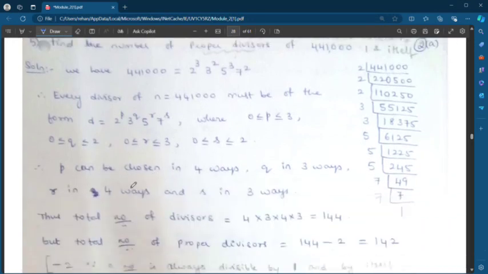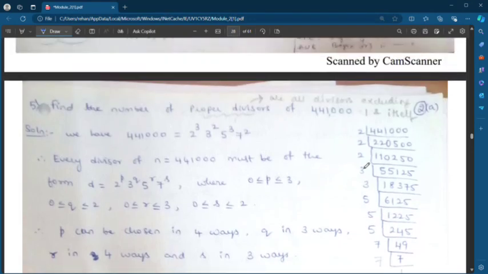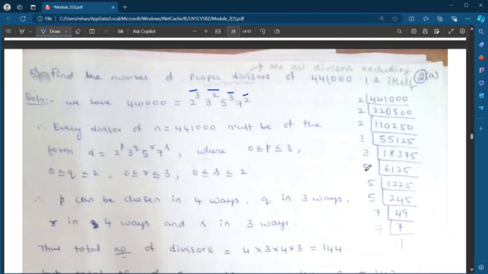P can be chosen in 4 ways. Q can be chosen in 3 ways. So see here, they have multiplied, right? How we got these numbers is nothing but they have counted the powers. 2 has come 3 times, 3 has come 2 times, 5 has come 3 times, 7 has come 2 times. The same way they have filled here.